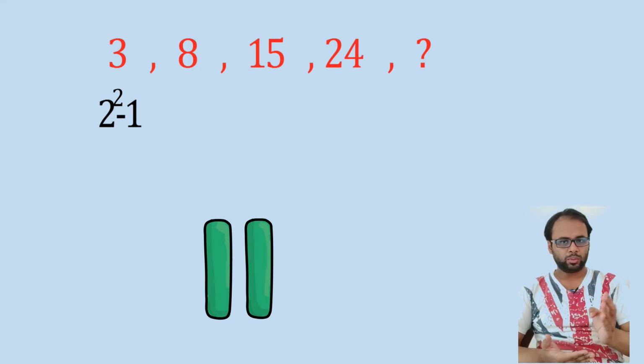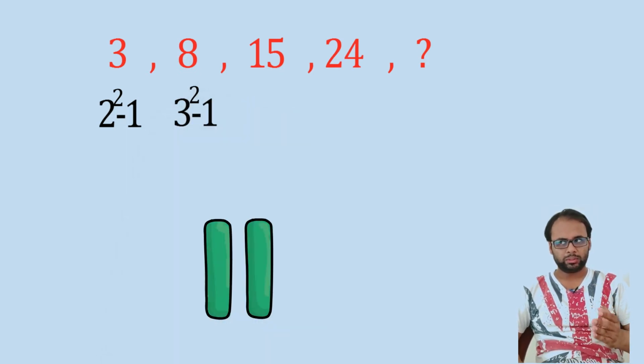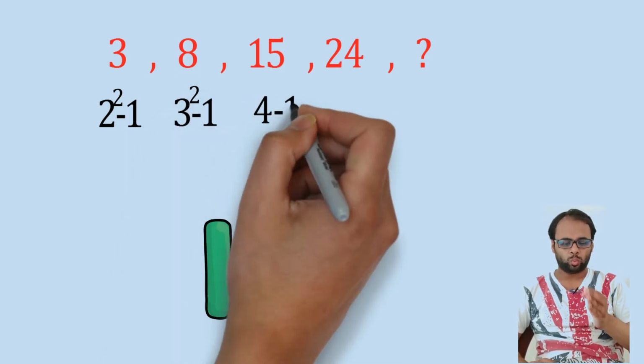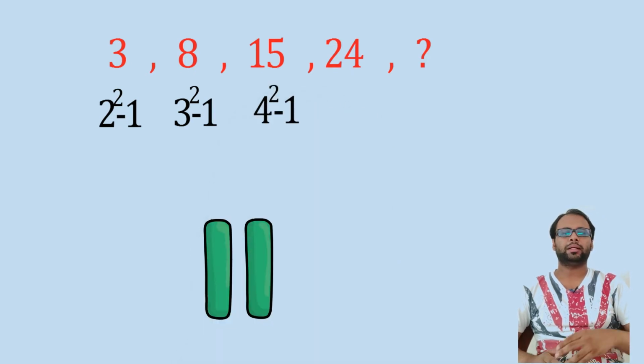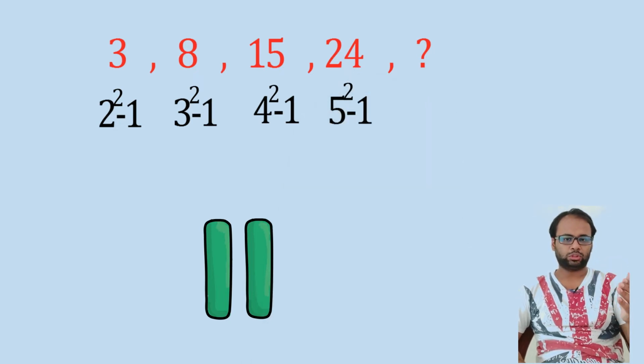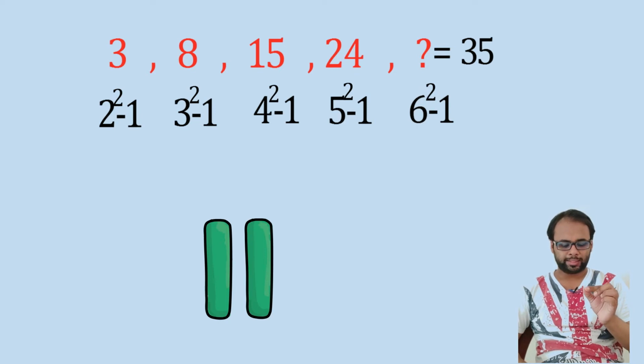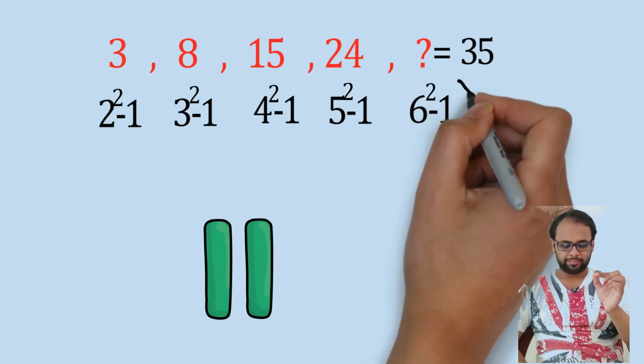Similarly, 8 can be calculated as 3 square minus 1. 15 can be calculated as 4 square minus 1. 24 can be calculated as 5 square minus 1. So the next number would definitely be 6 square minus 1, which is 35. So that's how you apply your logic while solving these kind of square series.